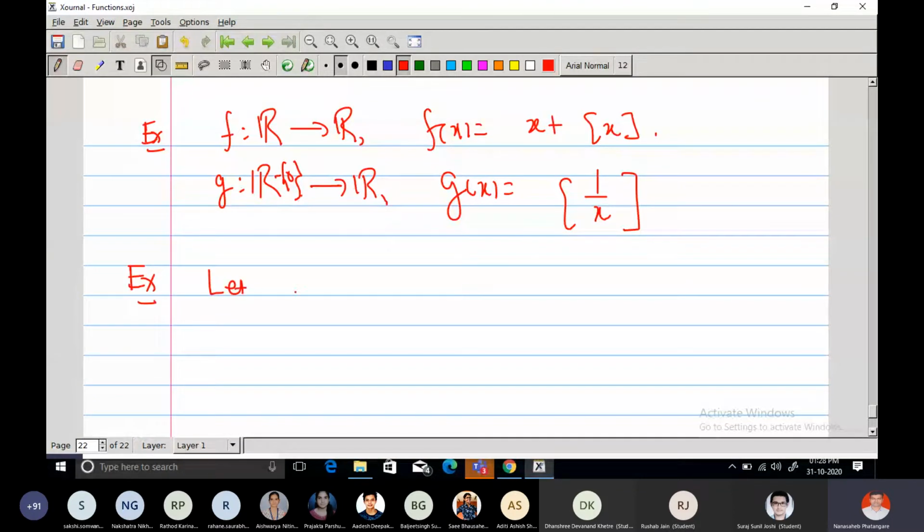Okay, let A and B be two subsets of... not A and B, just consider the simple case. Let f be a function from R to R and g also a function from R to R. So we have two functions.